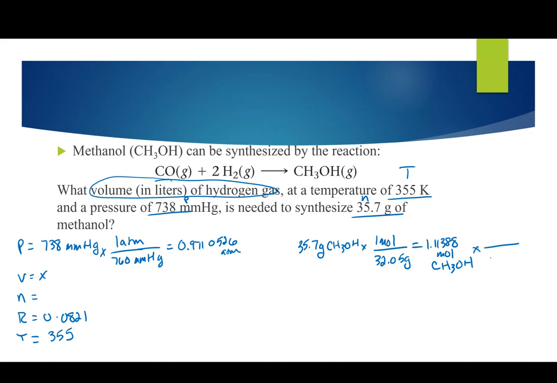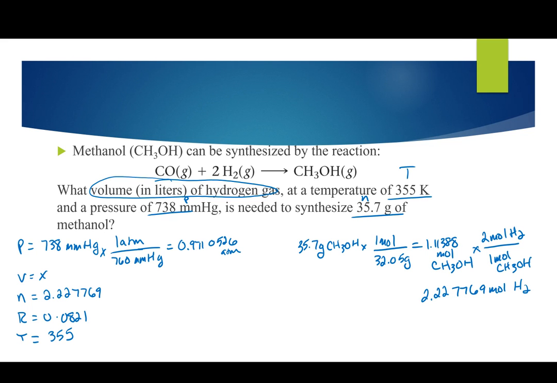And so then I will do stoichiometry, mole to mole step, 1 mole of methanol, 2 moles hydrogen. And so I'm going to get 2.2277 moles of hydrogen.